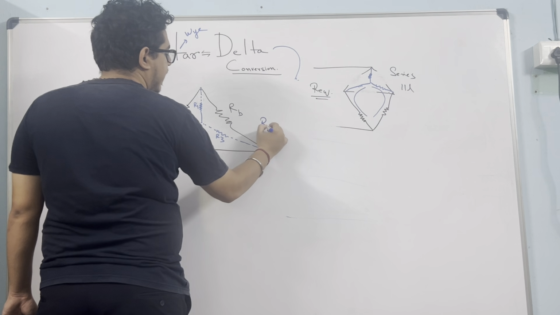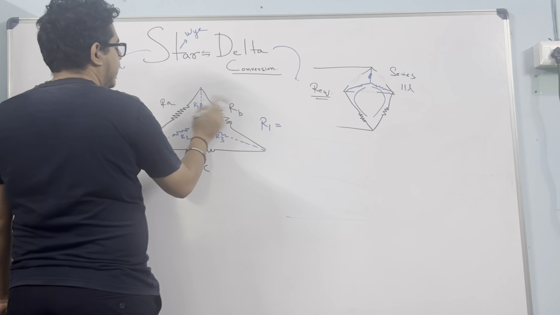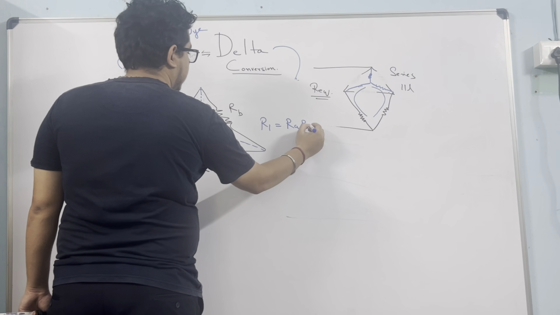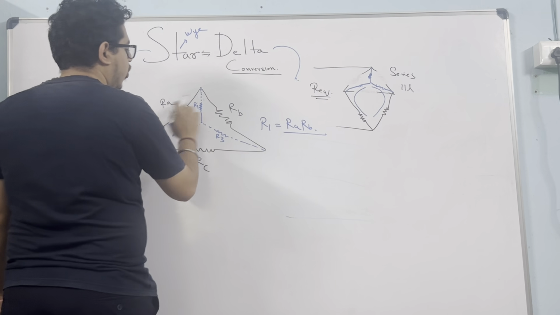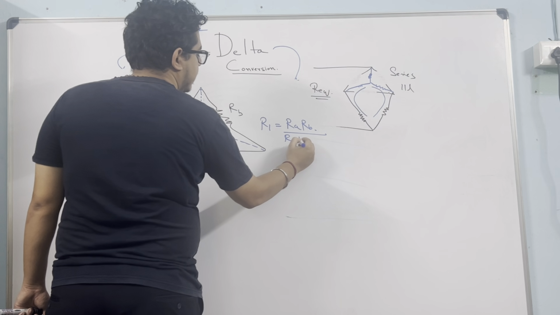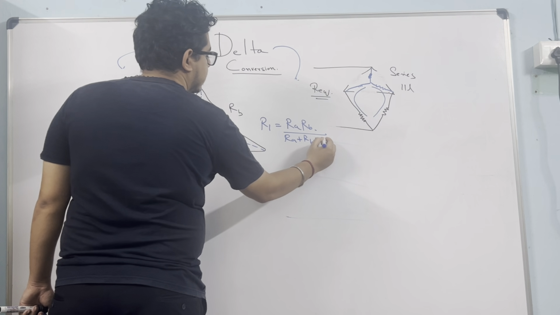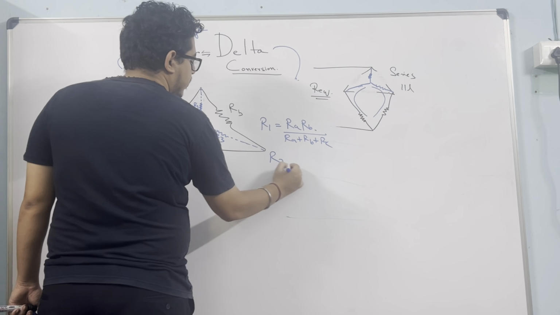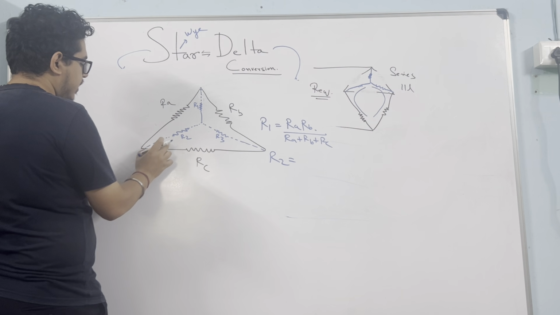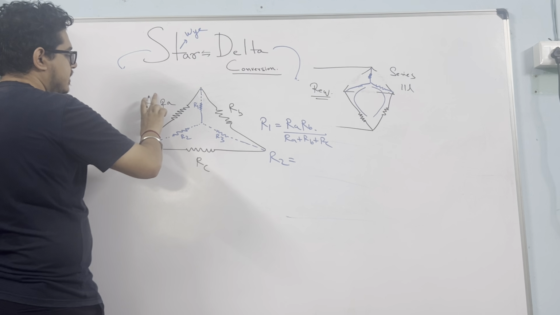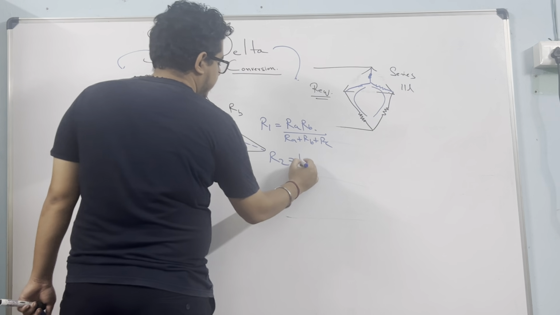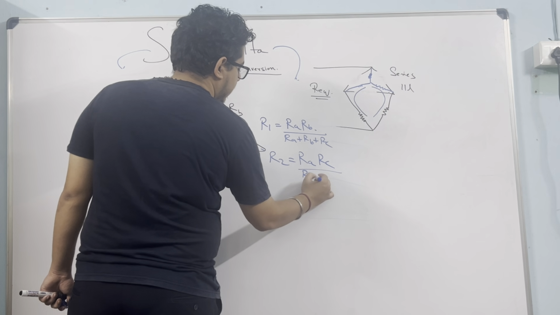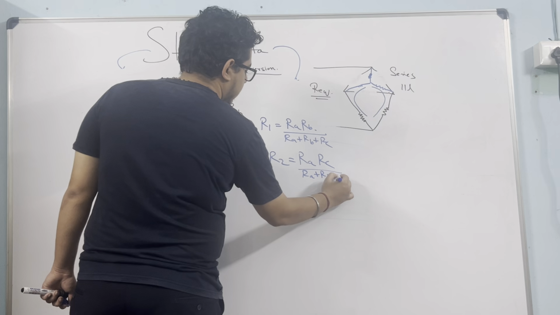So R1 will be the product of these two resistances, RA times RB, upon the summation of all three, RA plus RB plus RC. How can I write R2? It is joining here, so this is RC and this is RA. So R2 is the product of RA and RC upon the total resistance RA plus RB plus RC.